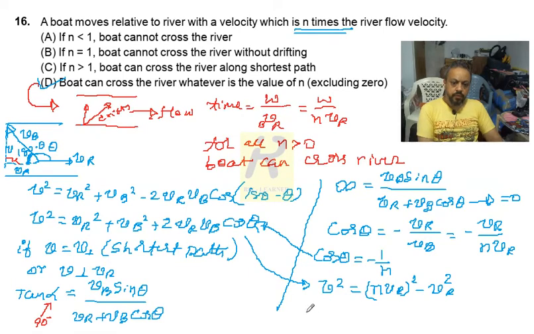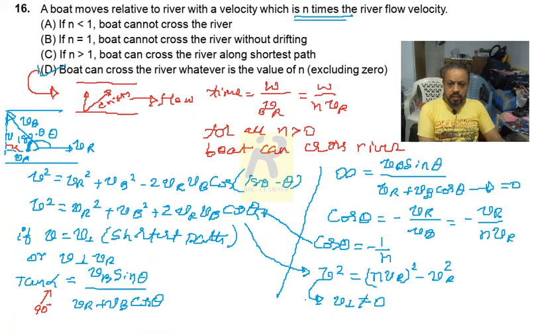If this is v perpendicular, then v perpendicular is not equal to 0, so this whole thing is greater than 0. That means n square minus 1 is greater than 0, so n should be greater than 1. To cross the river perpendicularly, n should be greater than 1. So it is said here, if n is greater than 1, the boat can cross the river along the shortest path. This is right.